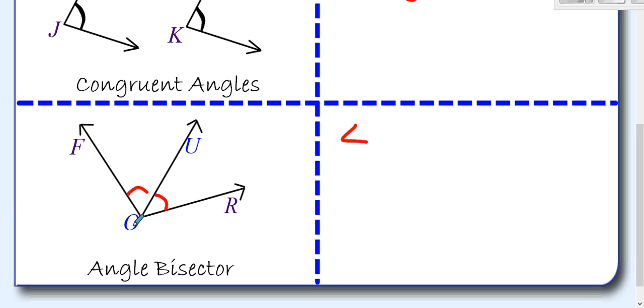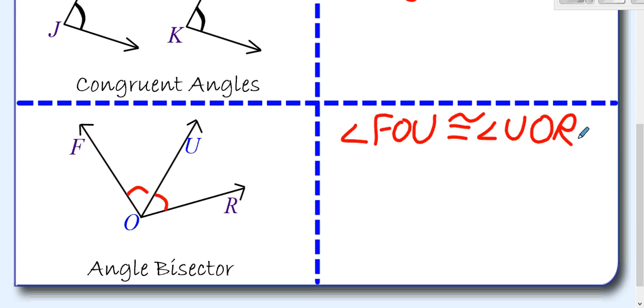So angle FOU is congruent to angle UOR. And again, that's a lot like what we did with the line segments earlier. Definition of bisect.